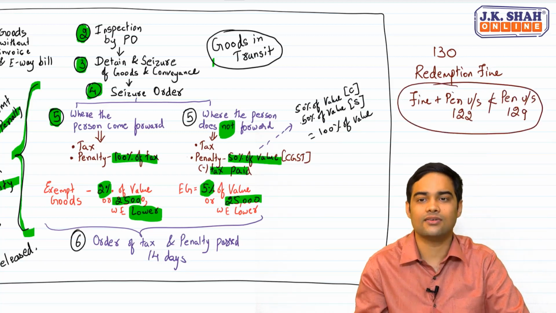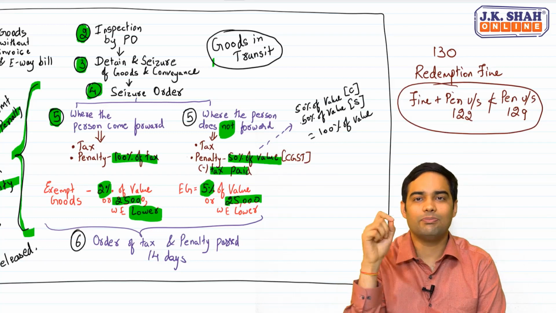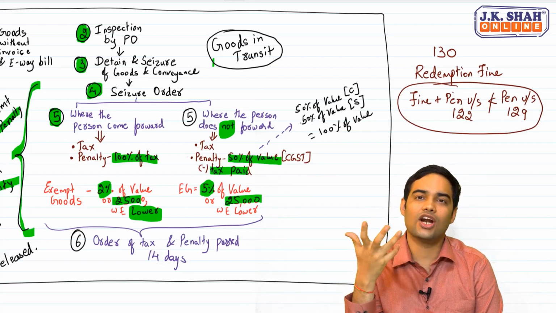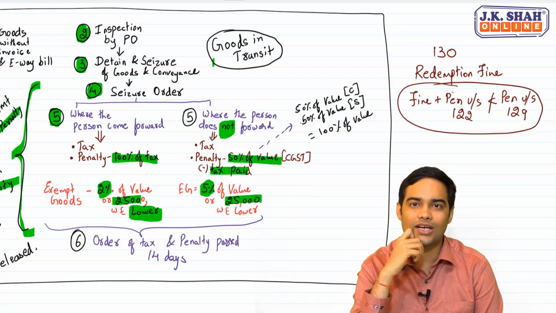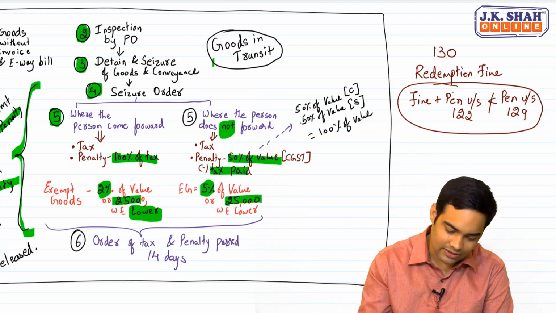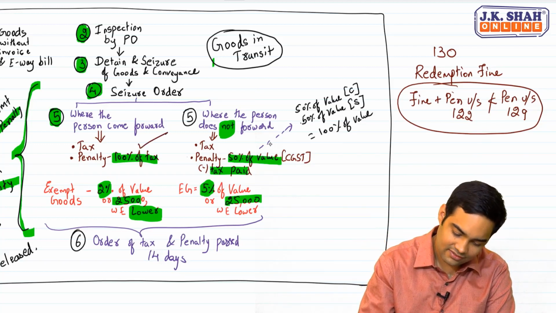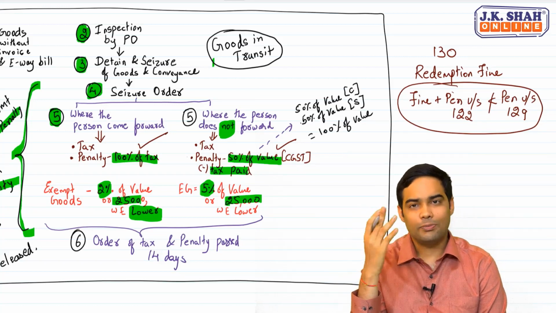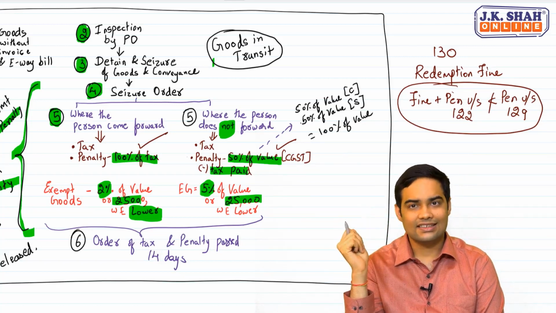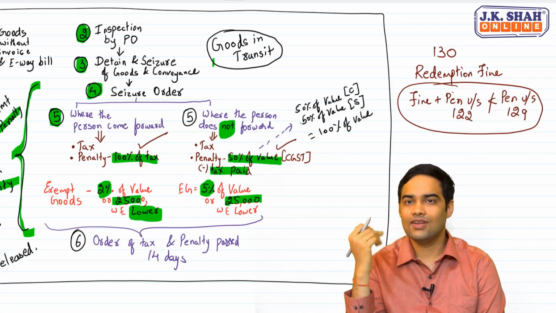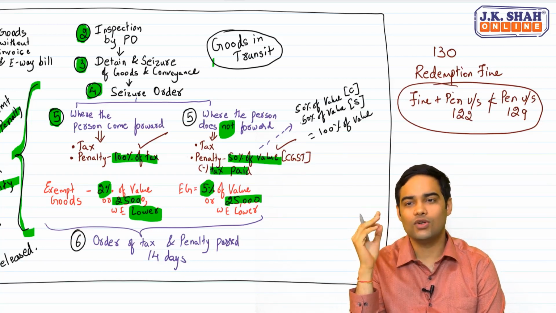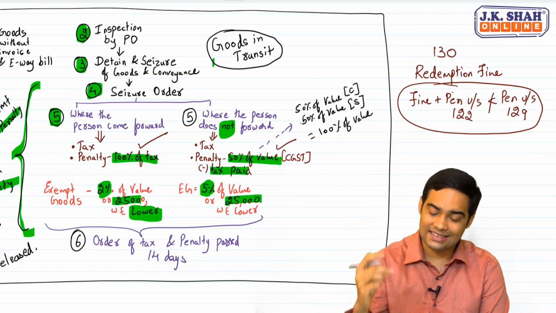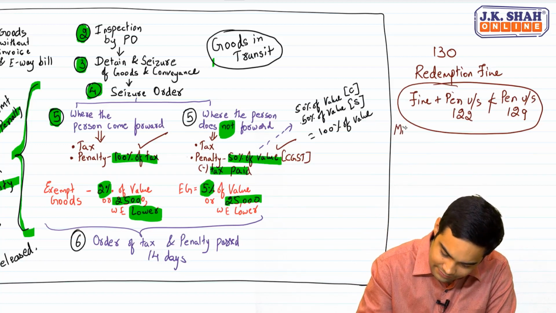Remember this equation: fine plus penalty under section 122 shall not be less than penalty under section 129. Penalty under section 129 we have already seen. The 122 penalty is 100% of the tax in case it's an FMS case. Obviously these will be FMS cases: fraud, willful misstatement and suppression. So this is the minimum fine.